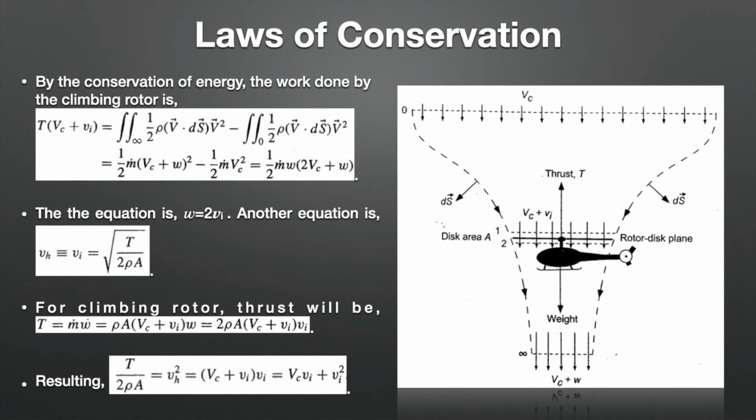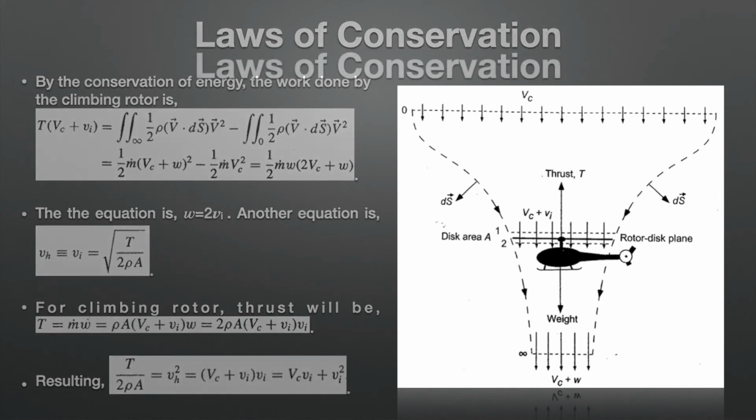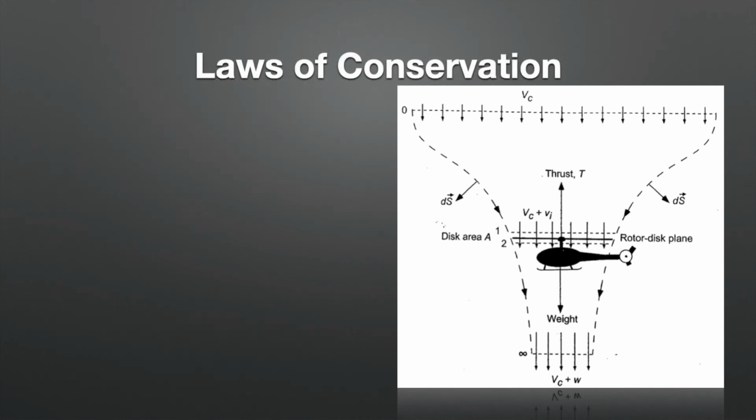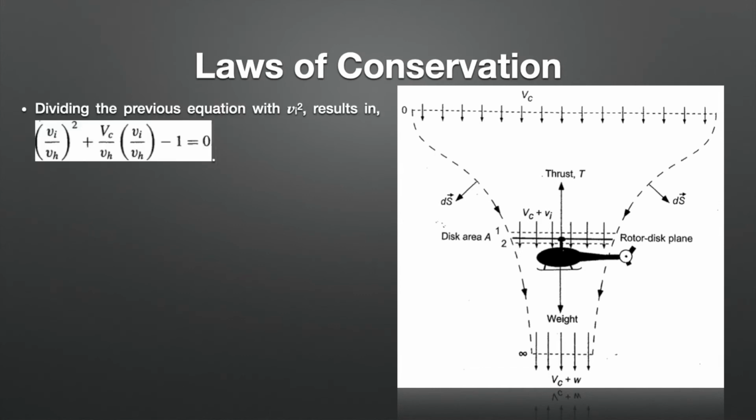Now dividing this equation by Vh square on both the right hand and left hand side, you get the result: Vi by Vh whole square plus Vc by Vh into Vi by Vh minus 1 is equal to 0. This is a quadratic equation with Vi by Vh as the variable.